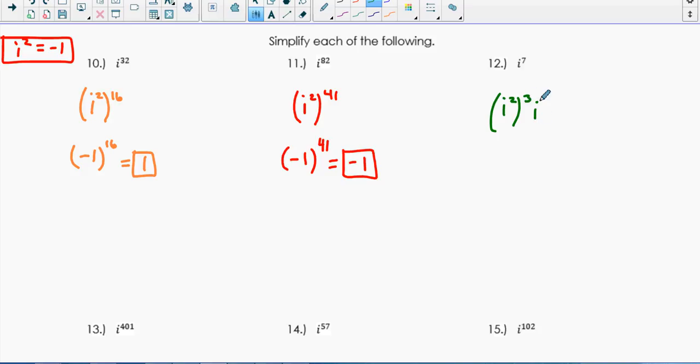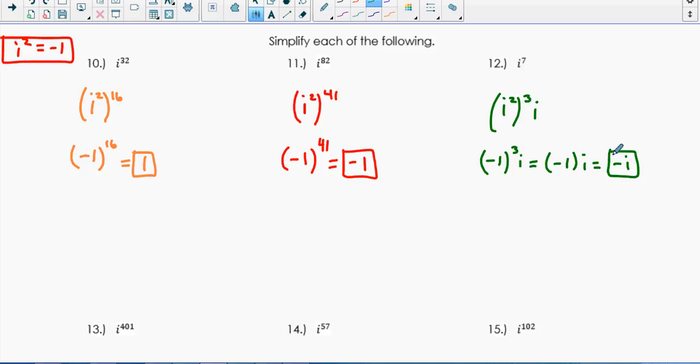That's 2, that's 3, that's technically a 1 right there, and there's my 7 i's. Now I can simplify this. i squared is -1, raised to the 3rd, times i. Well, -1 times -1 times -1 is -1, times i, which means my answer is -i.